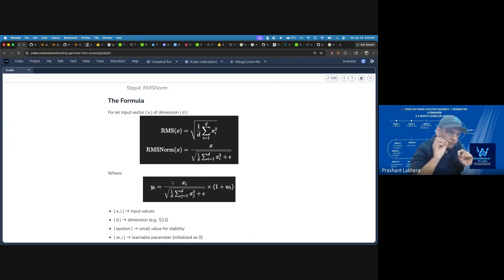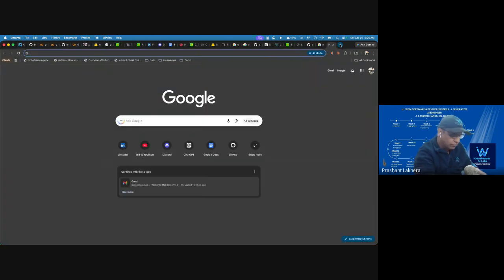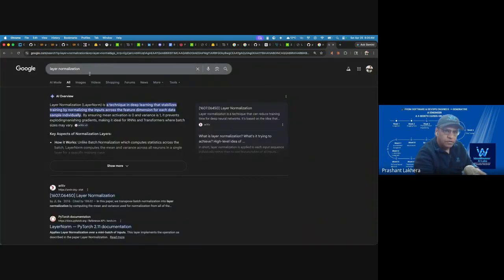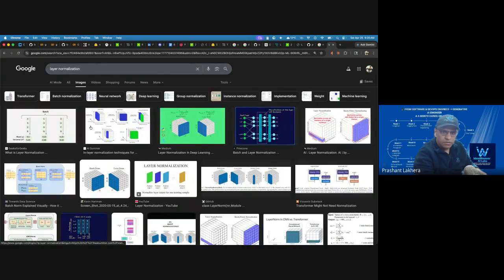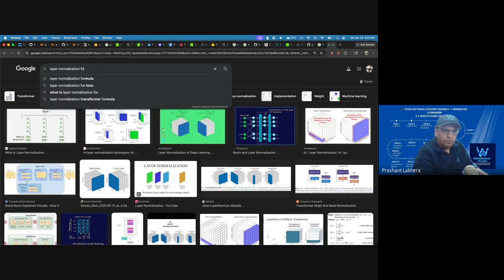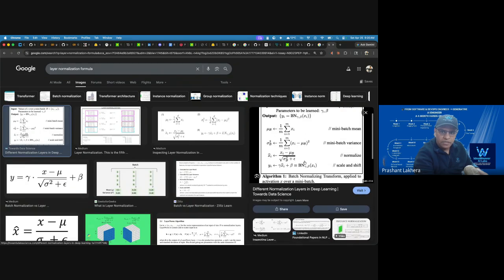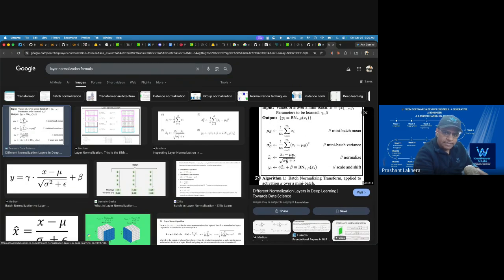If you remember, before this, most providers used something called layer normalization. This was the formula for layer normalization, where they do a bunch of things: they subtract the mean from their input value, then divide by something called variance, and add epsilon.